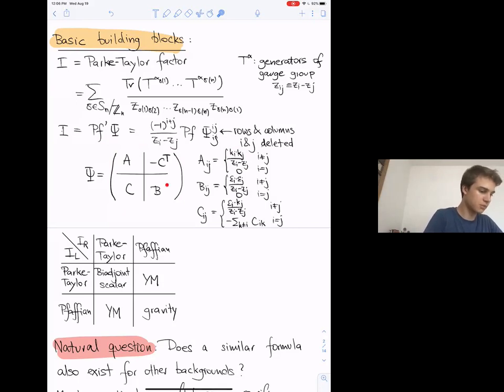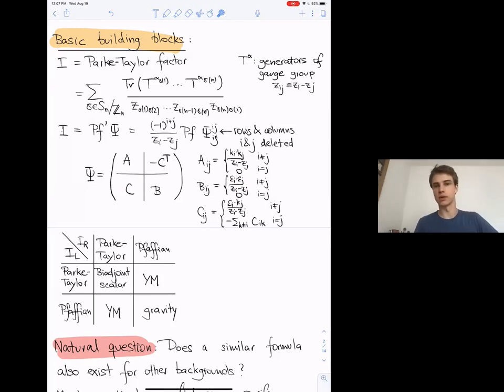Then we have this B matrix, and that contains polarization vectors. Whenever you use the Pfaffian as an integrand, you're adding basically one unit of spin to your theory. So let's say we have a vector particle, then we have this polarization here. And then we also need these off-diagonal terms, these C's, which are contractions of the polarizations and the momenta.